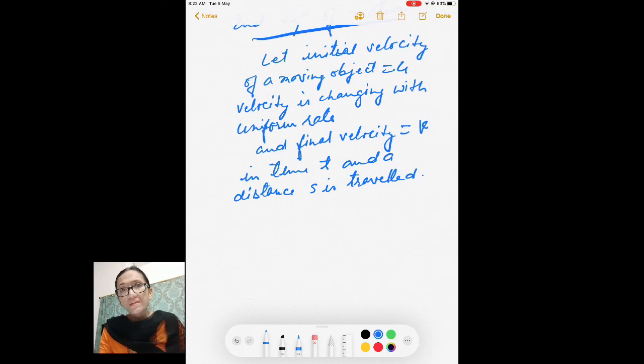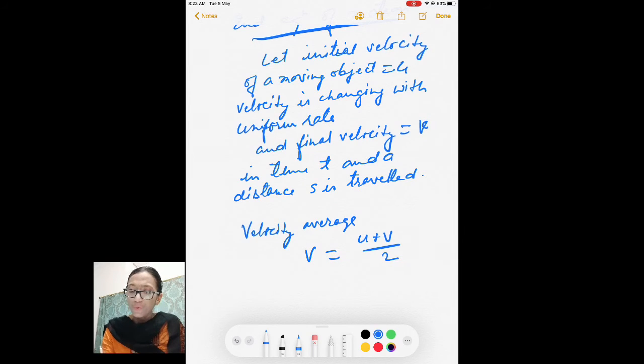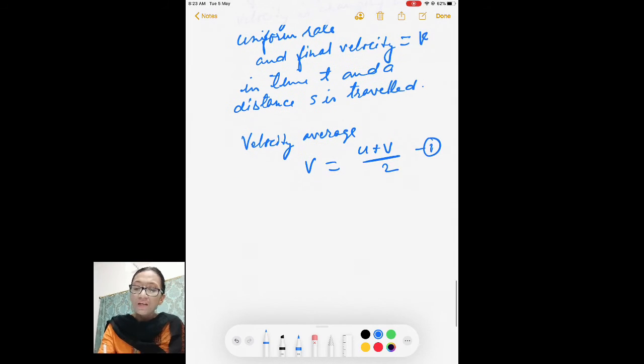Now you know that the velocity is changing with uniform rate. So average velocity will be u plus v upon 2. This is one equation. Now we also know that average velocity means uniform velocity. Average is a constant number.